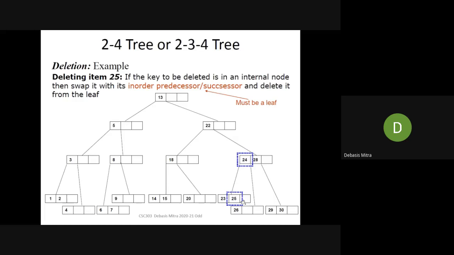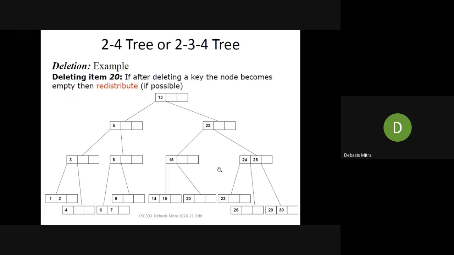And I have to check again afresh whether this is leading to any underflow or not. And fortunately, there is no underflow after the actual deletion of this particular element from this node. And so we can stop here. No problem. So deletion of 25 is also over.